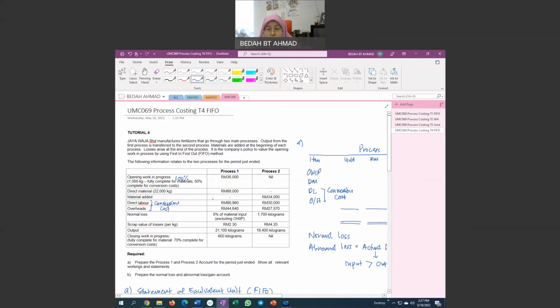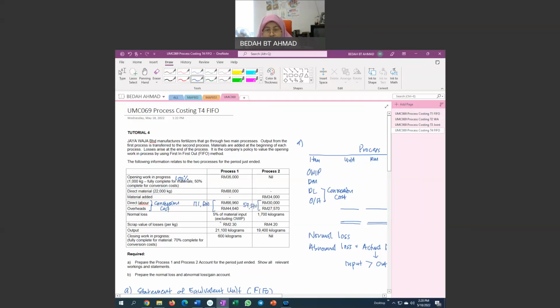The conversion cost for process 1 in total is 111,600, and for process 2 it is 57,570.